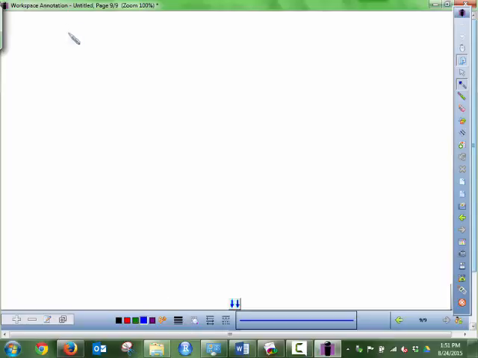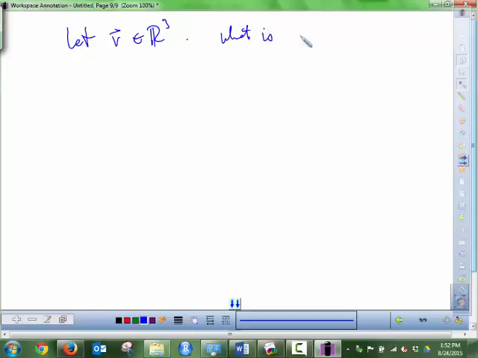So let's see. Let v be a vector in R3. So this is a 3-dimensional vector now. What is t times v in this case?